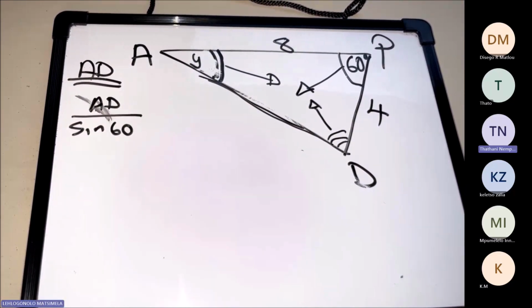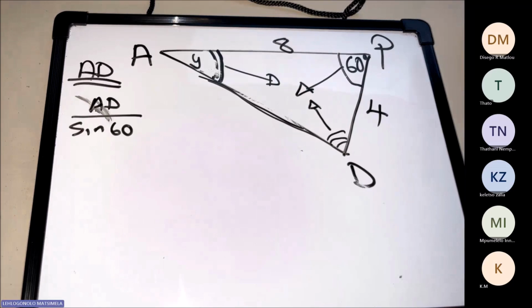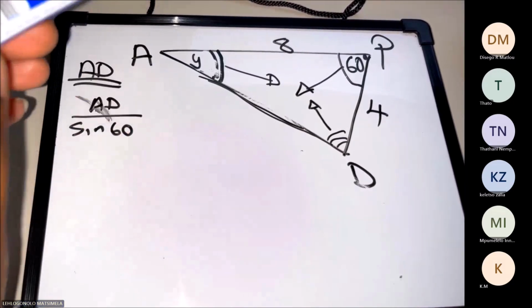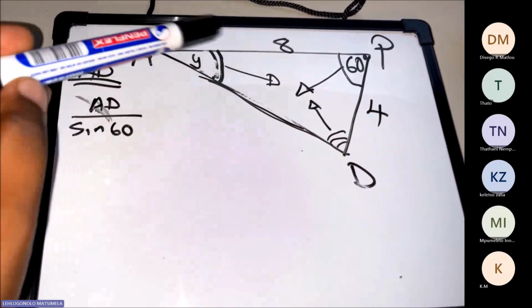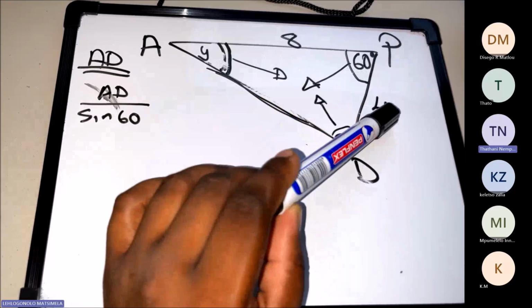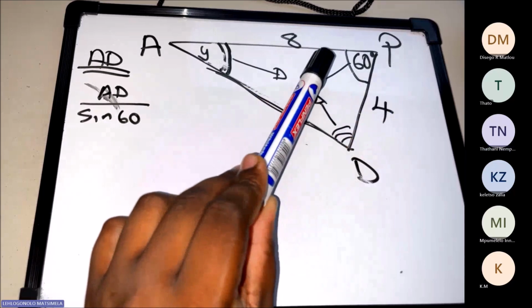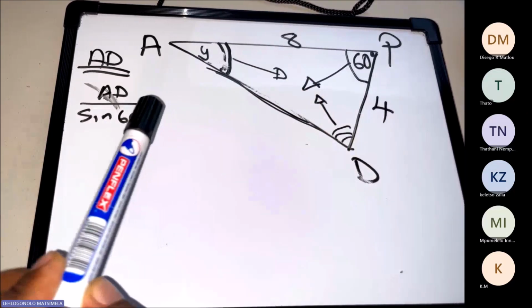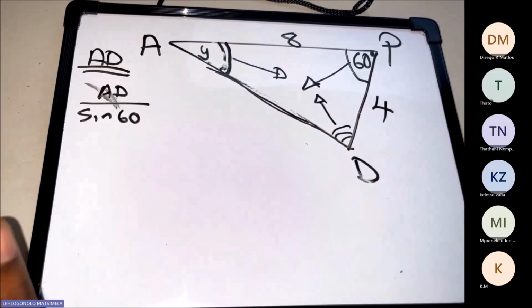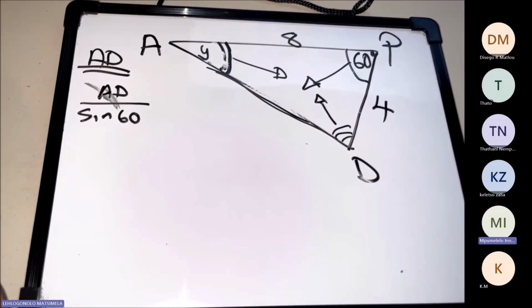Now, when we are given the two sides and we want to use sine rule, it means one of the two sides we are given has to be opposite to the angle given. So unfortunately, this triangle doesn't meet the requirement of being worked with the sine rule. But then the formula of sine rule is still the same as we have predicted before.